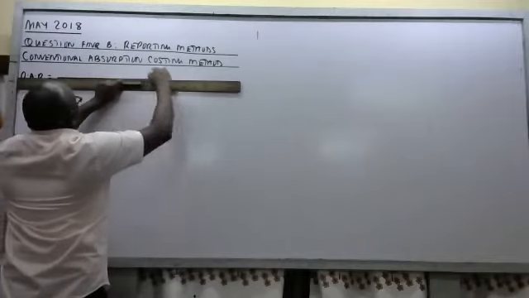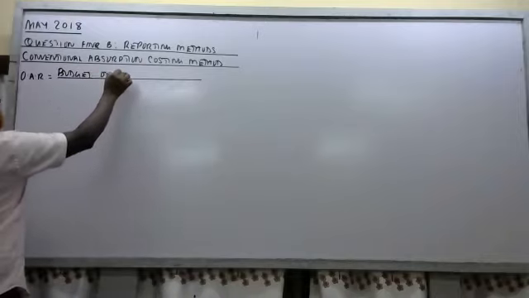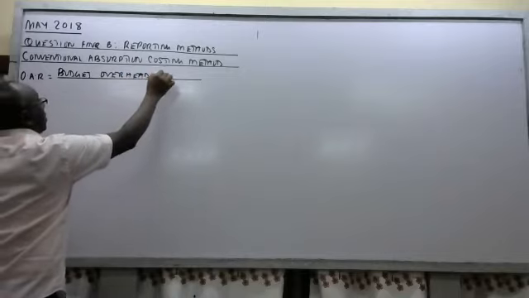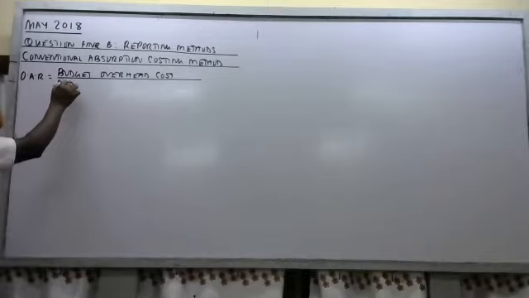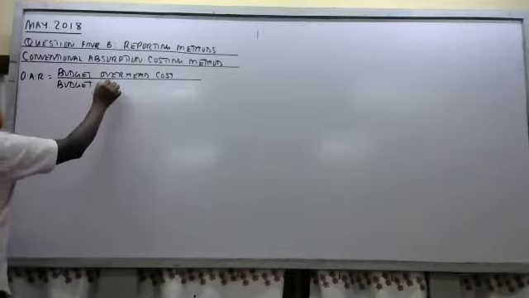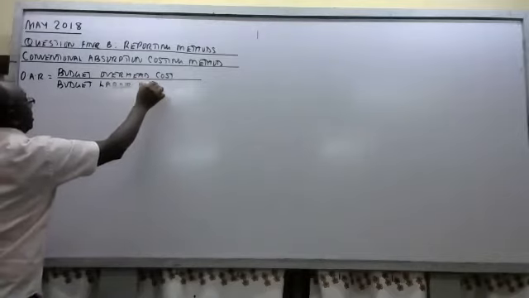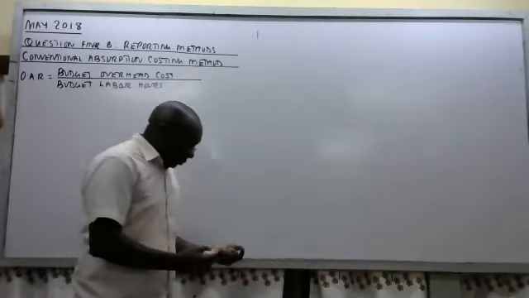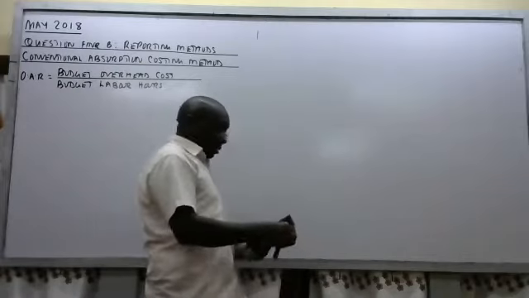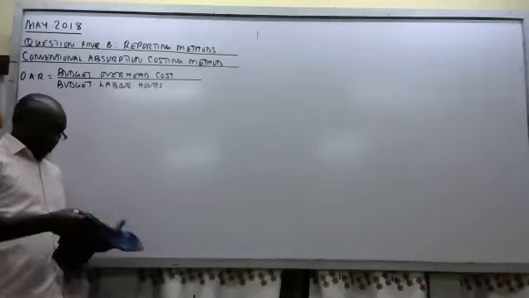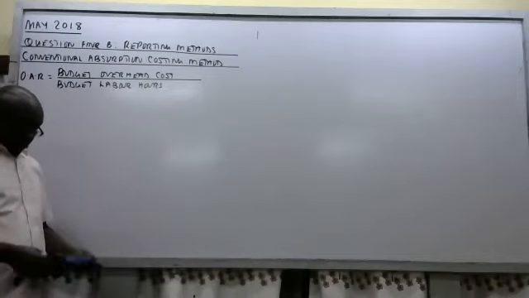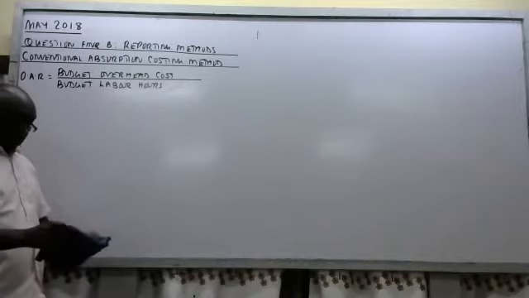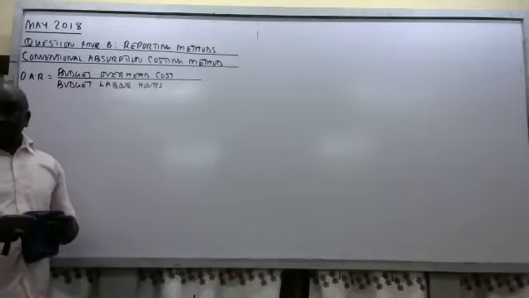The overhead absorption rate will be budget overhead costs, you divide by budget labor hours.